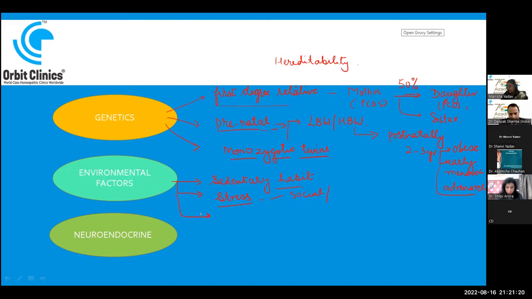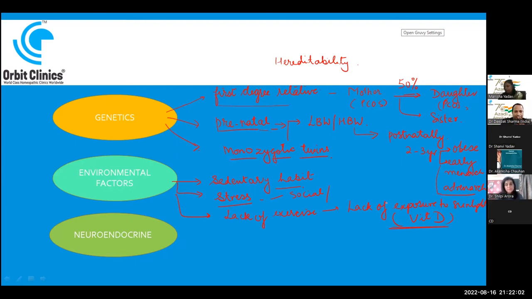Next, an environmental factor responsible for this disease is lack of exercise, as the sedentary habit leads to lack of exercise, and lack of exposure to sunlight. Sunlight exposure is very essential for vitamin D, because sunlight is a source of vitamin D, and most young girls are very busy inside the room using different gadgets.